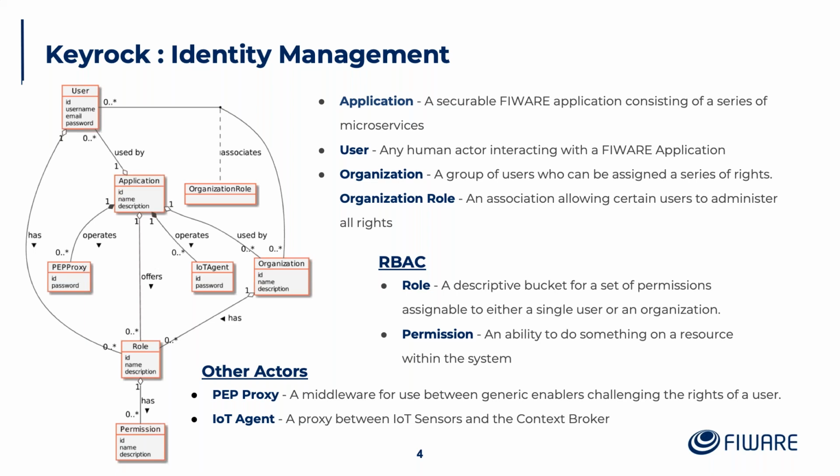IoT agent is how to ensure that your devices, your sensors, or what have you, can access a context broker which has been secured. And your PEP Proxy, which is what we'll see later, is a generic middleware for, again, having a gatekeeper between the system and yourself.